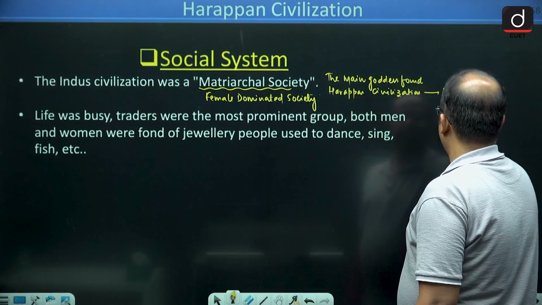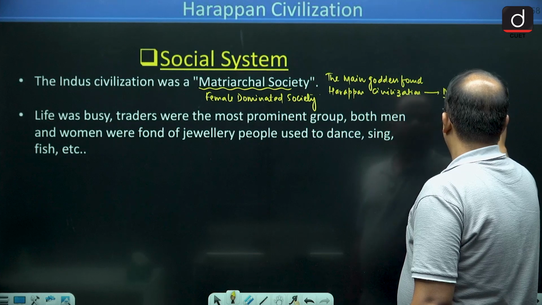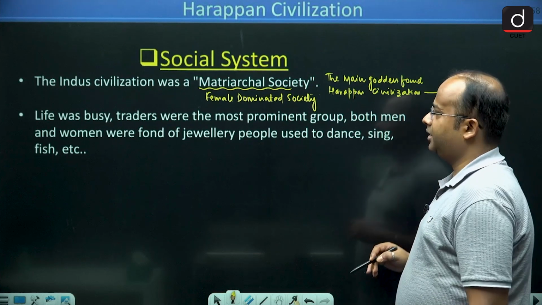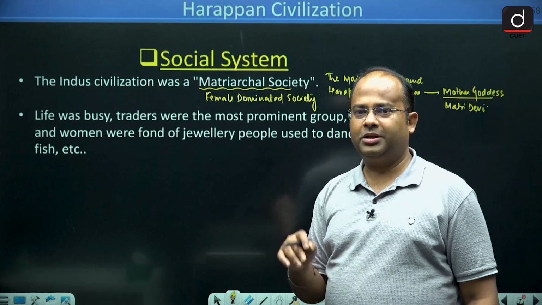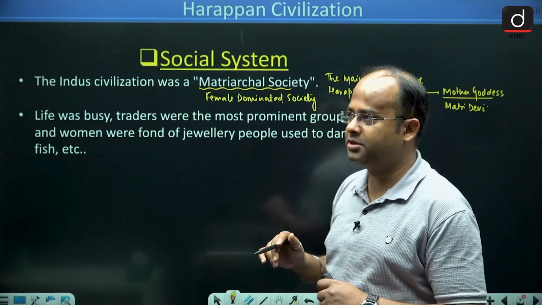This is called Matri Devi, the name given by historians. And the idol of the mother goddess is found at most sites of the IVC.